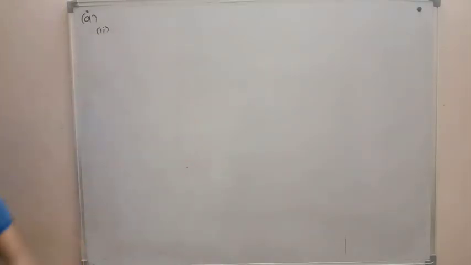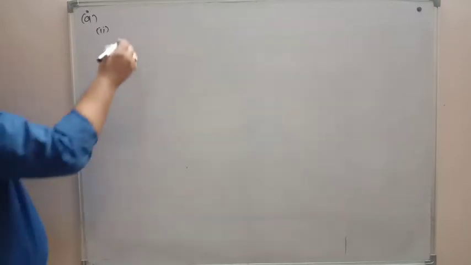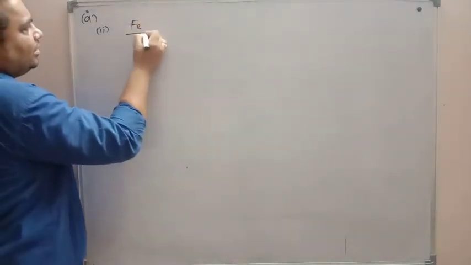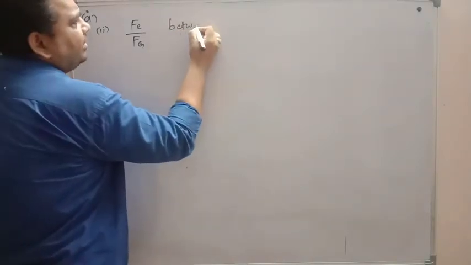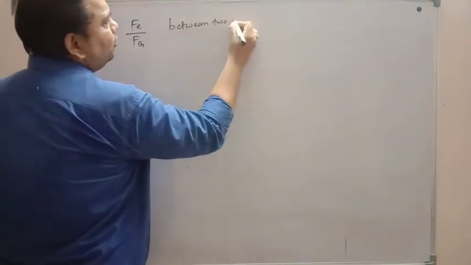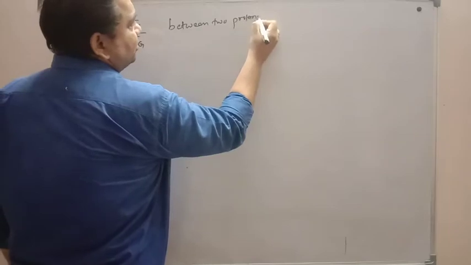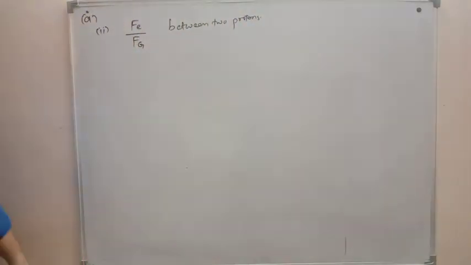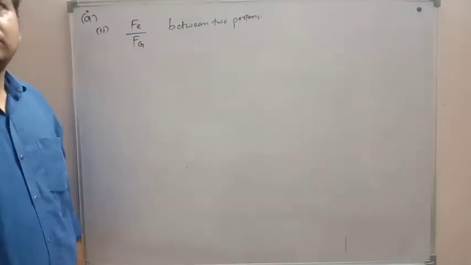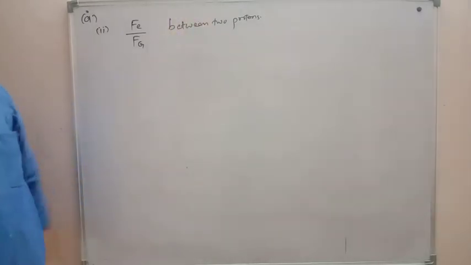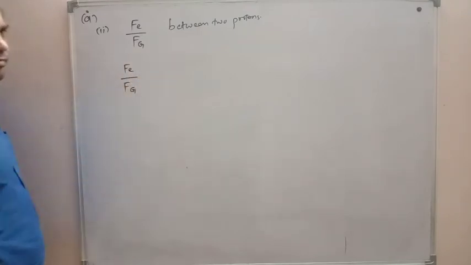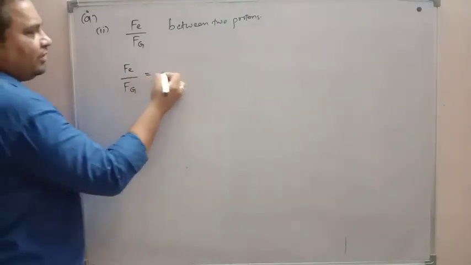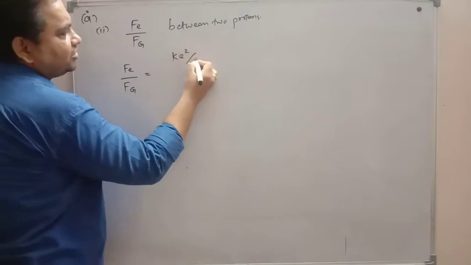Now second part in a question is that you have to compare electrical and gravitational force between two protons. We saw that electrical force we can write down as K e square by r square.